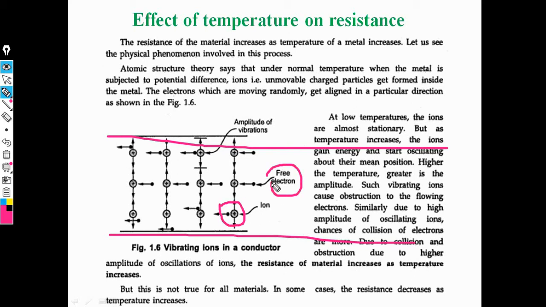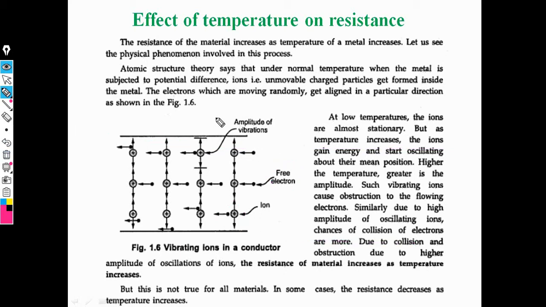Now we need the direction of ions. It is very important. At low temperature, the ions are at a constant position.